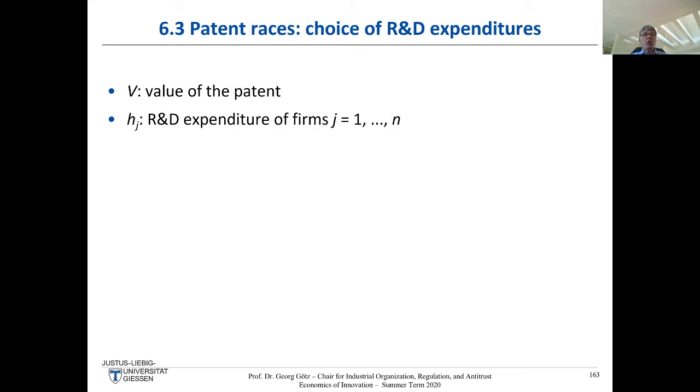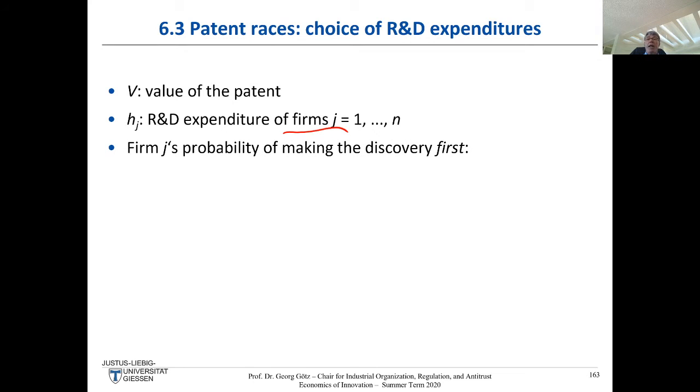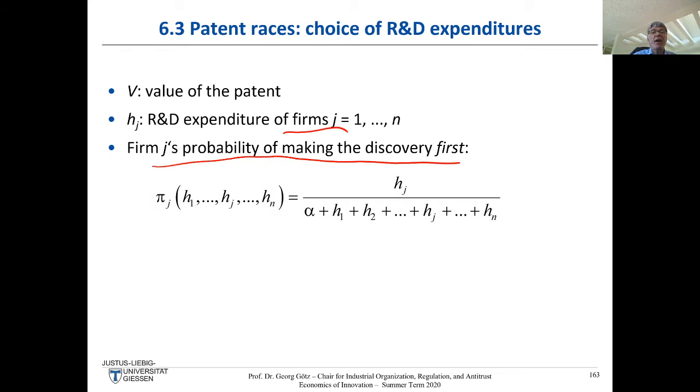As always, we start with a value of the patent, and then Hj is the R&D expenditure of one of these n firms. What we assume here is that firm j's probability of making the discovery first is defined as follows. This model goes back to Helmut Bester, who wrote it up in his textbook on industrial organization.